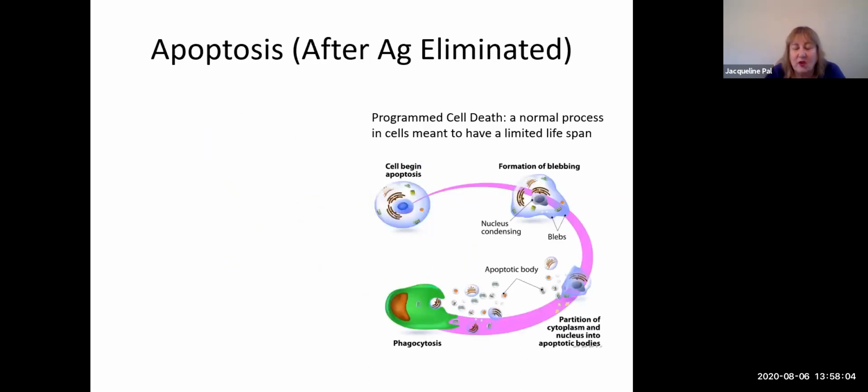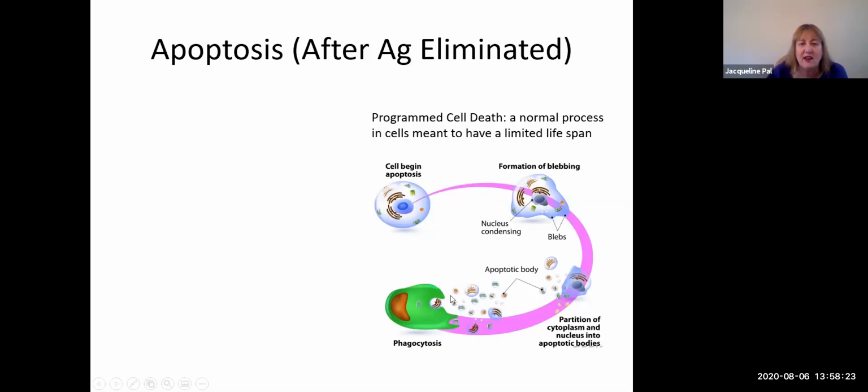But your body's saying, what do I do about this huge clone of B cells? What do I do about this huge clone of cytotoxic T cells? What do I do about this huge clone of helper T cells? And the body says, well, time for programmed cell death. Apoptosis is going to occur. This is a normal process.